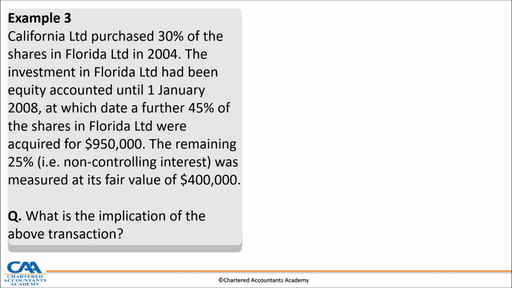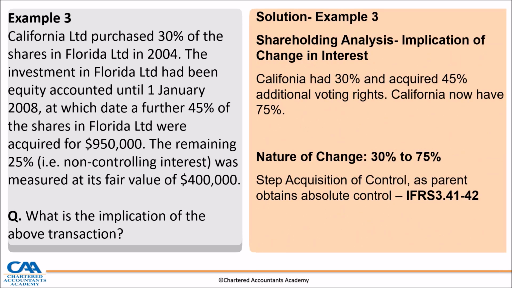The implication of this change is that we had 30% and we bought more, which is 45%, which means California ends up with 75%. This change is called a step acquisition, or step function of control, and is accounted for under IFRS 3, paragraphs 41 to 42.